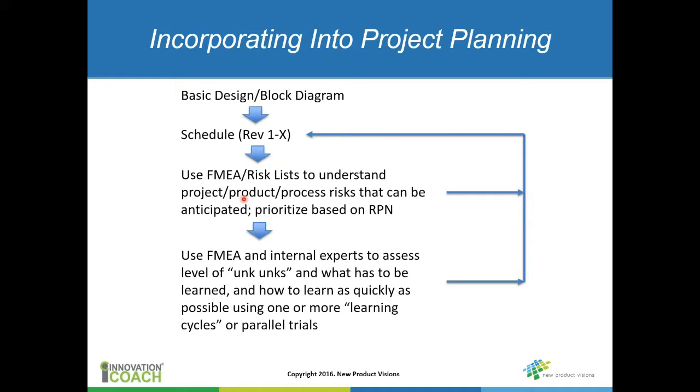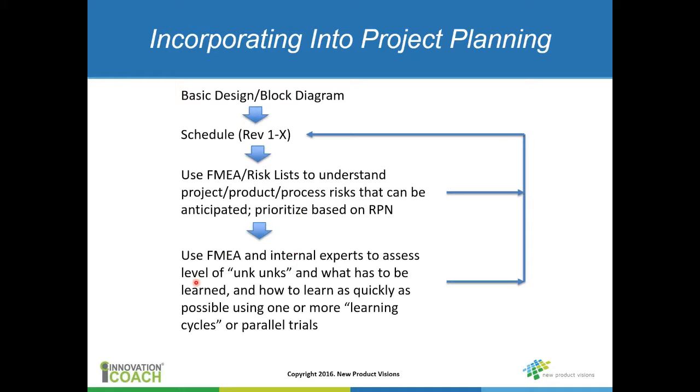But we might take the outcome of this analysis and now use things like our internal experts to really start to ferret out where our knowledge gaps are. We may come up with something in this analysis that points us in the direction that we really just don't know how to manage that, or what the root cause of that particular risk is.